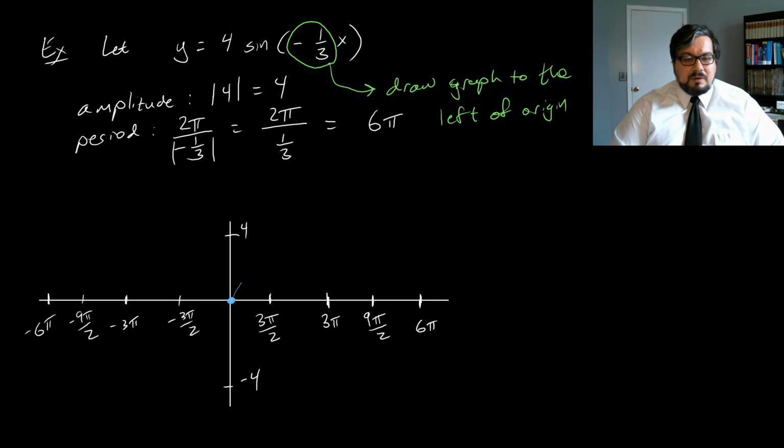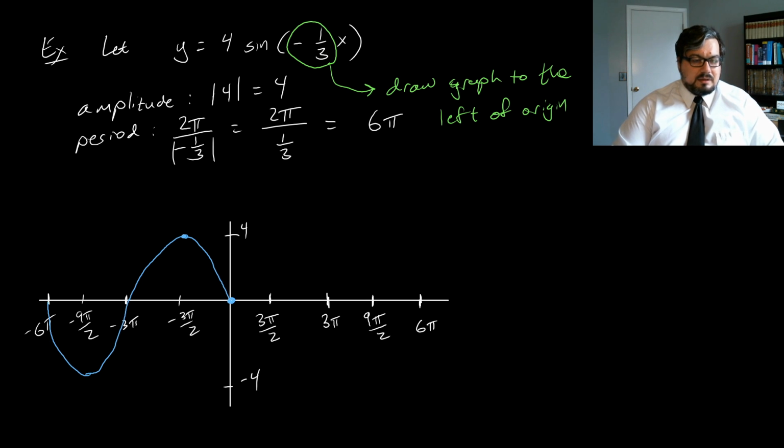So instead of going up like this as our first step, we're going to go up and to the left for our first step and get up here to 4, down here to -3 pi, down to -pi over 2, or down to -4 at -9 pi over 2, and back up to 6 pi.